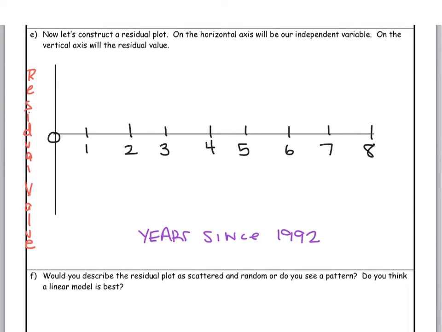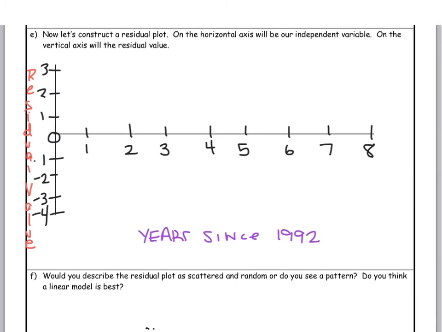On our y-axis, we'll go from 1 to 3 on the positive, so 1, 2, 3. And since we do have negative residuals, we will have to go into the negatives, and so this will be -1, -2, -3, and -4.